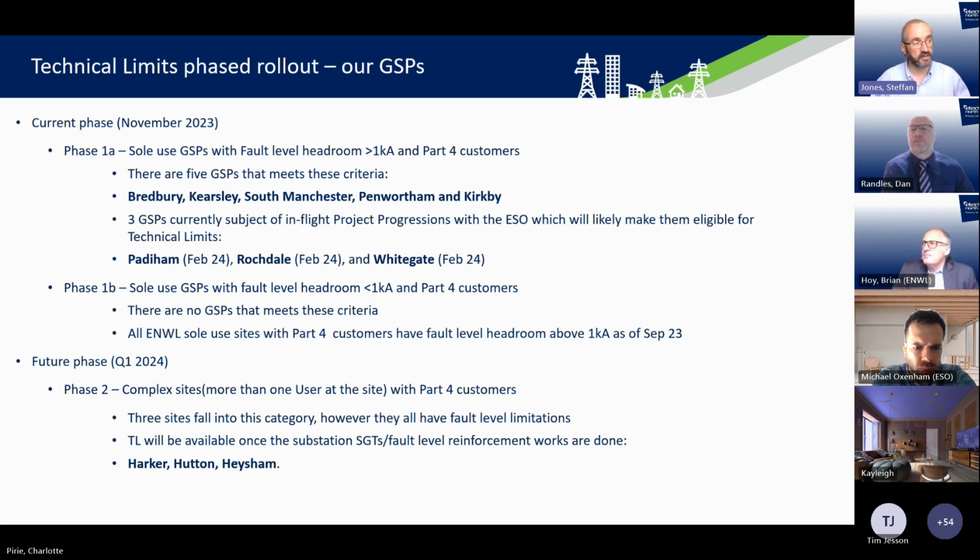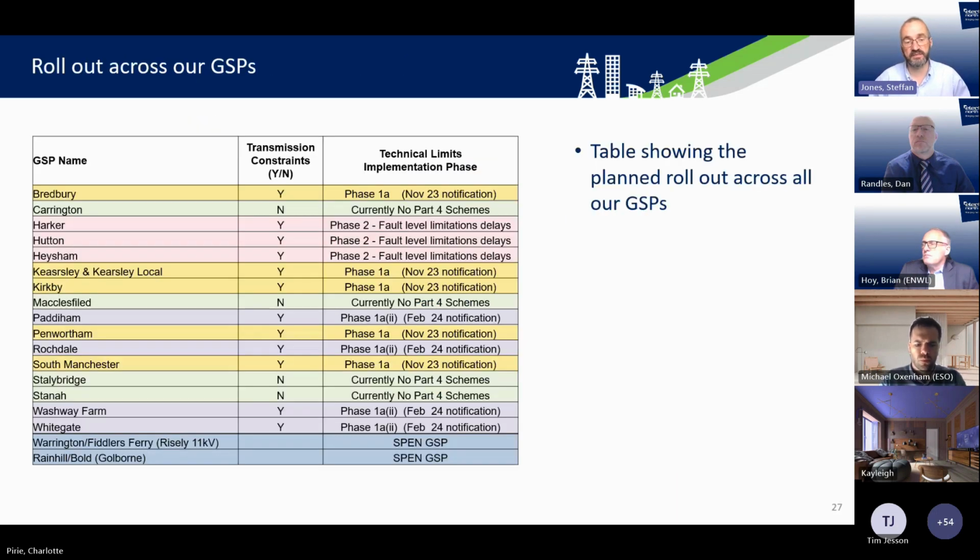So initially we're going to look at the phase 1A implementation. That's the implementation that the understanding is going to come quite soon. We have included in this slide pack, so that it's easy to reference in the future when you get access to these, just a quick summary of where each of our 16 GSPs fall.